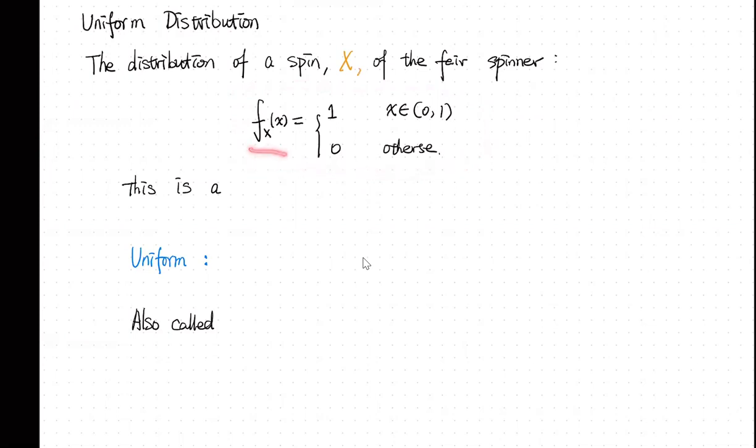This probability density function is flat at 1 on the 0 to 1 interval and 0 in other places. This distribution, in fact, is a uniform distribution. It is a uniform distribution with parameters 0 and 1.